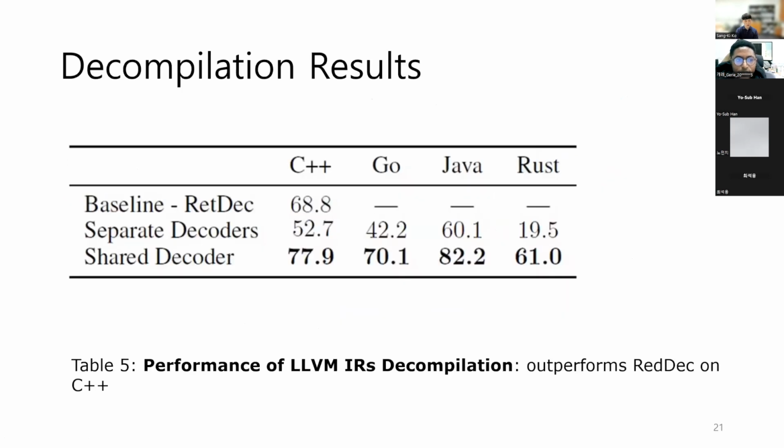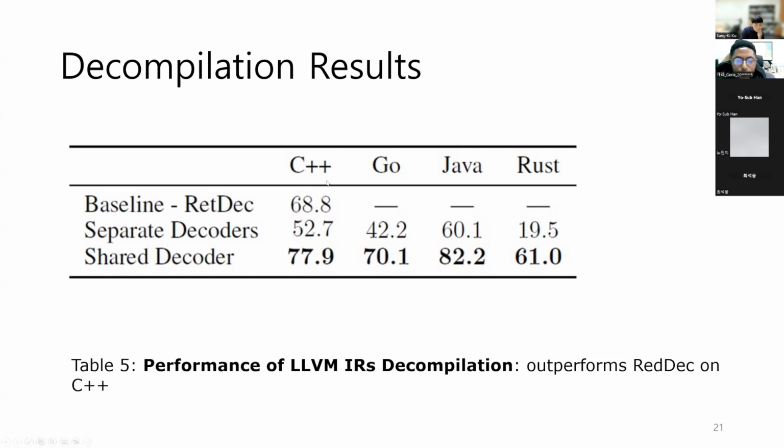When we see the decompilation results, actually, their baseline is called RetDec. RetDec is a machine code decompiler developed by the Avast company. It decompiles the C programming language, C++, and other programming languages.